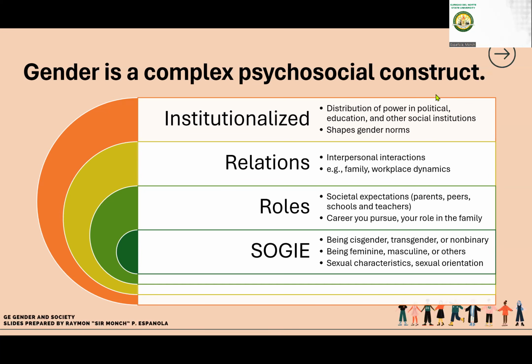So for example, in a religious institution, gender is institutionalized in a way that only biologically male individuals become priests, pastors, leaders, while biologically female individuals cannot take such high or big leadership roles.